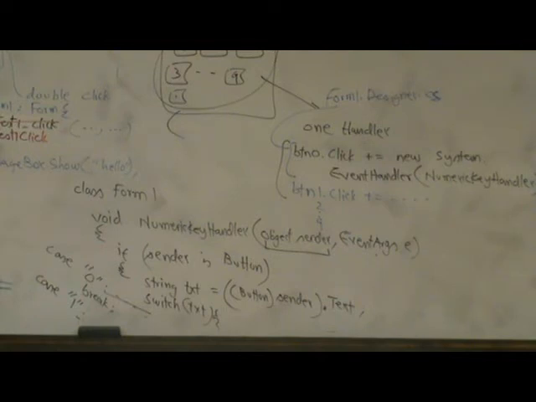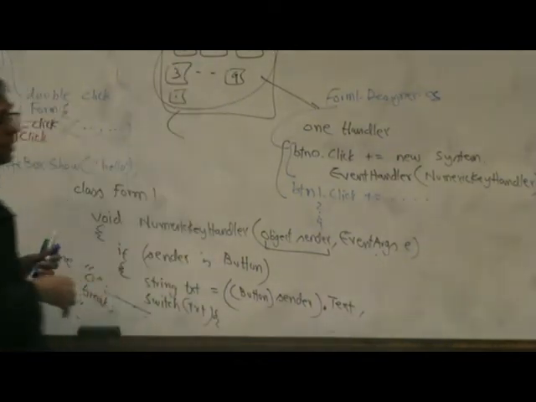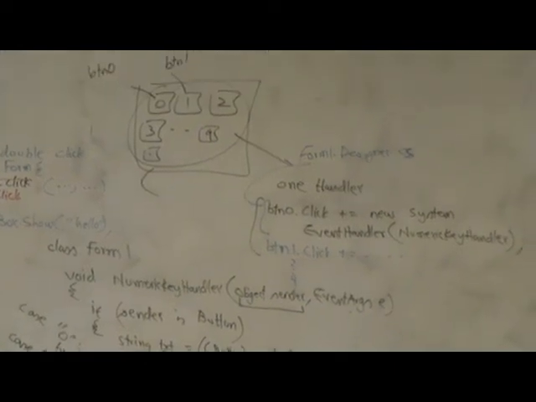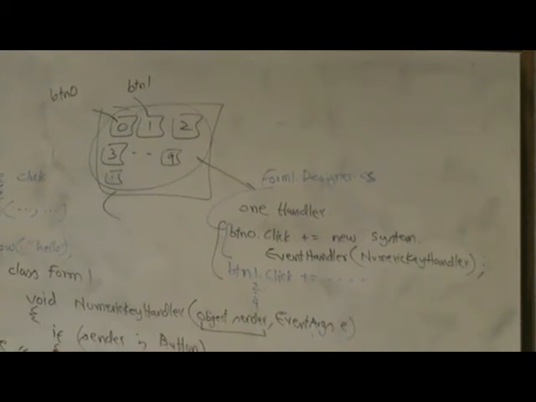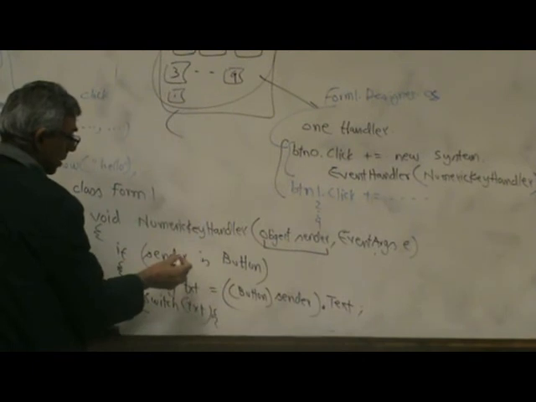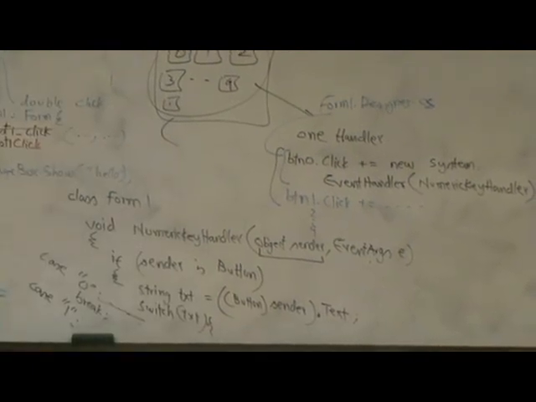So this way we can centralize, or we can have a single event handler for many, many keys. Now, if you go to the computer and try this out, suppose it works. No matter which key you press, you are able to trigger this common event handler, and it works, right?